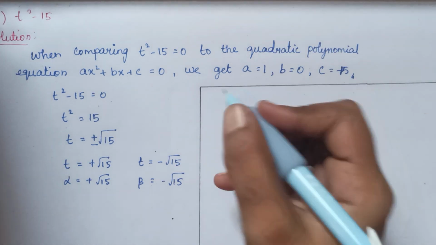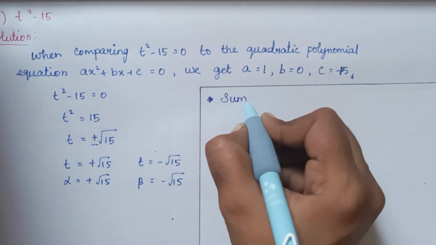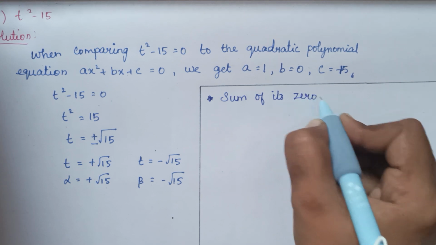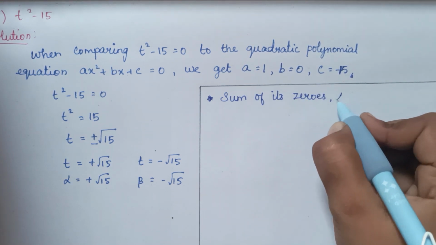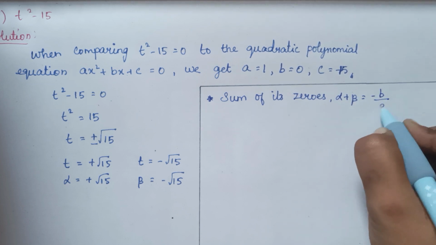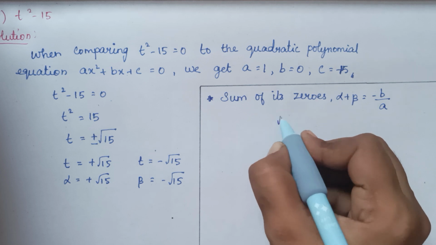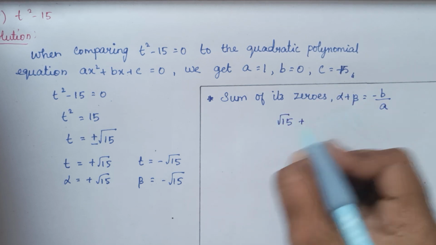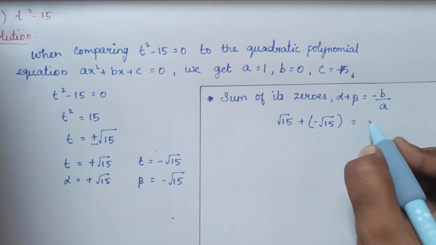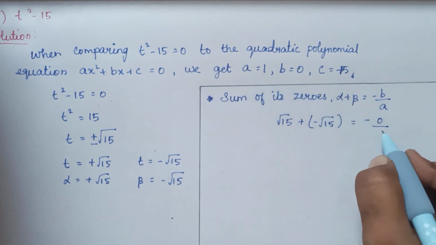Now verify this alpha and beta. So that is sum of its zeros, that is alpha plus beta is equal to minus b by a. Okay, so alpha value is plus root 15 plus beta value is minus root 15 is equal to minus b value is 0 divided by a is equal to 1.